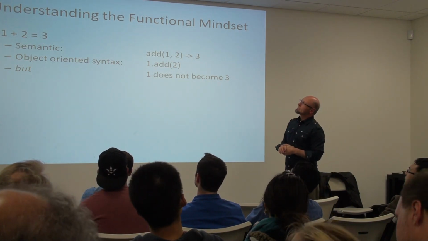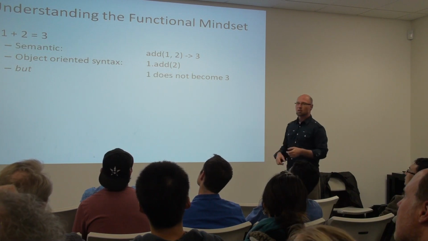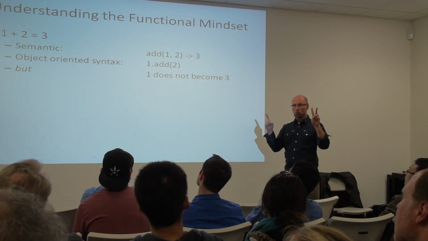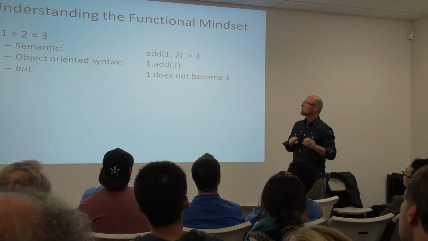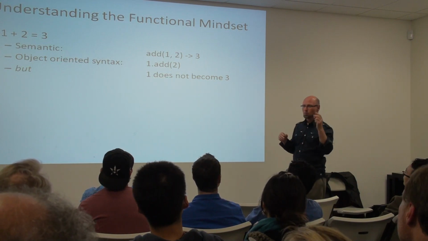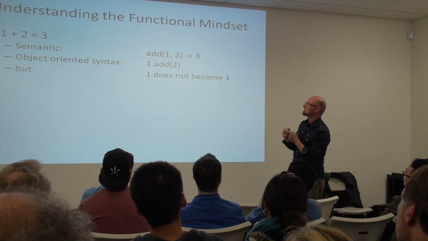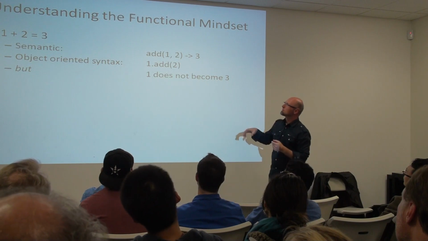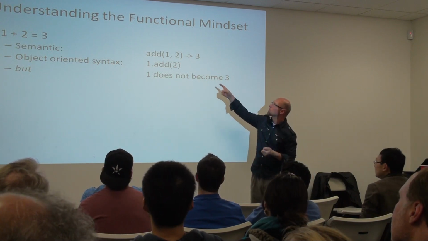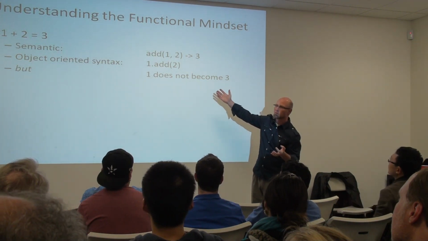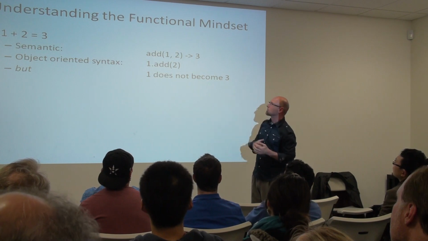The functional mindset is essentially the same thing as in math. If you have 1 and 2, and you add them together, you get 3. Usually the syntax is like 1 plus 2 as in math, or in some programming languages, add 1 comma 2, and that evaluates to 3.